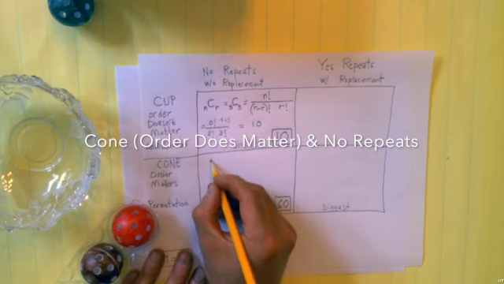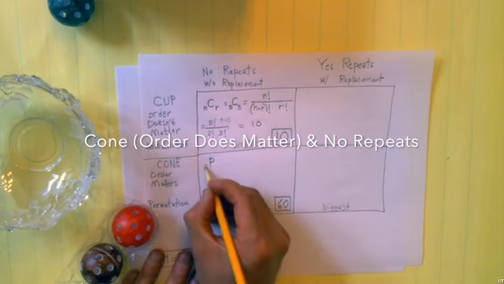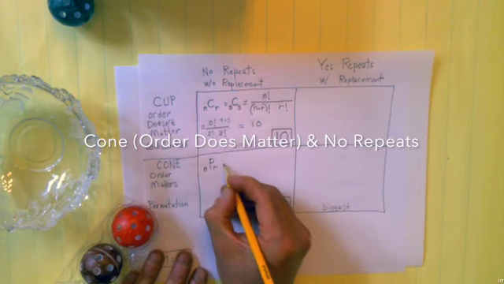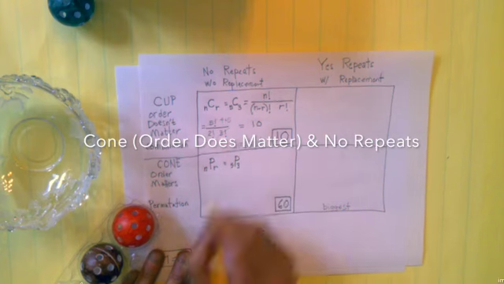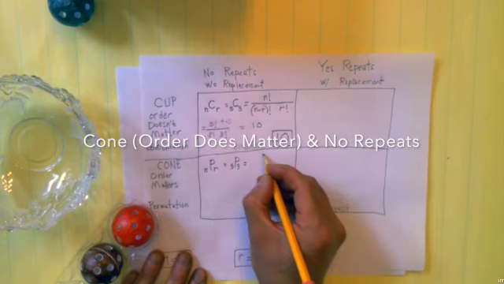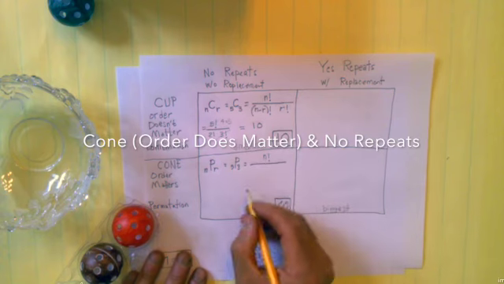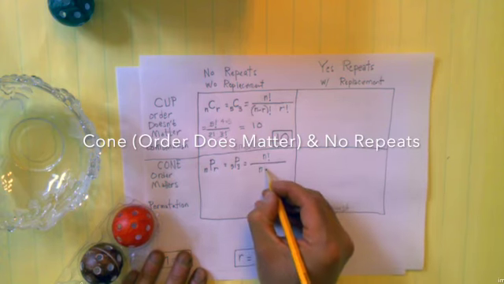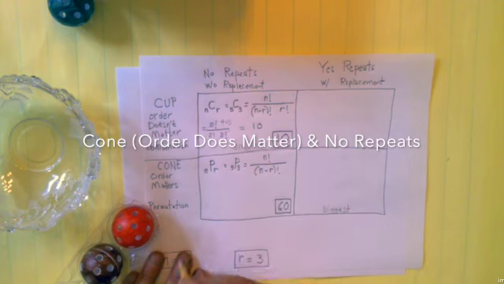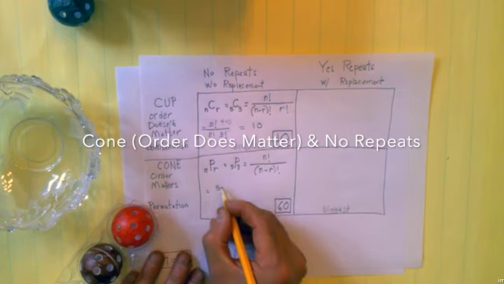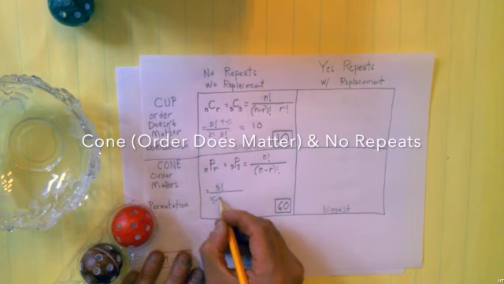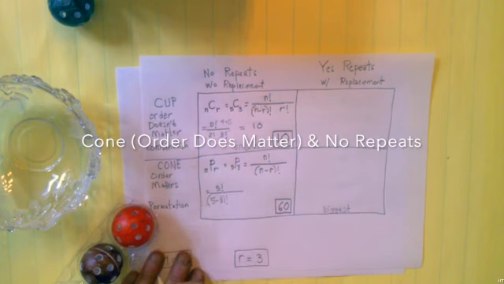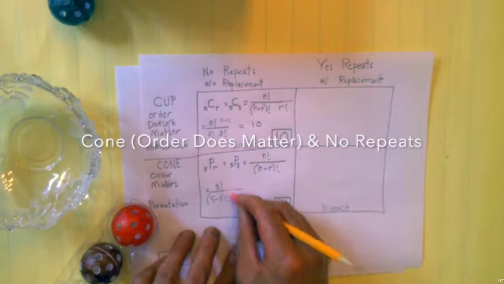And the formula is we write P, 5 permute 3. This is, again, just n factorial divided by n minus r factorial. So this is 5 factorial divided by 5 minus 3 factorial.